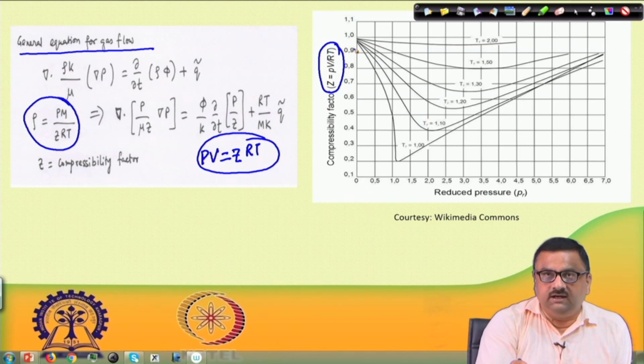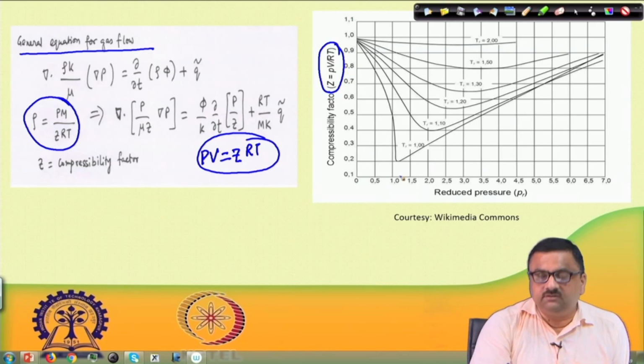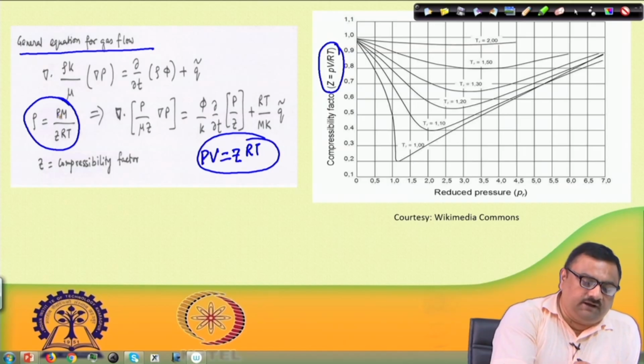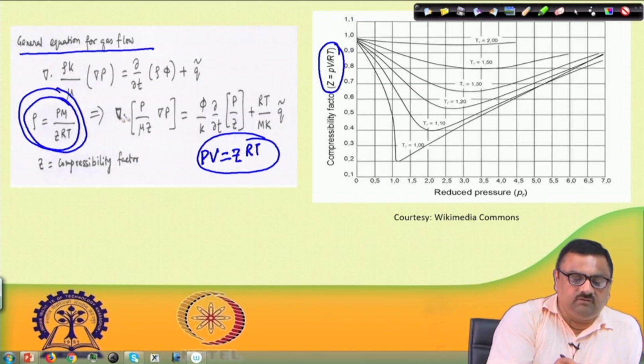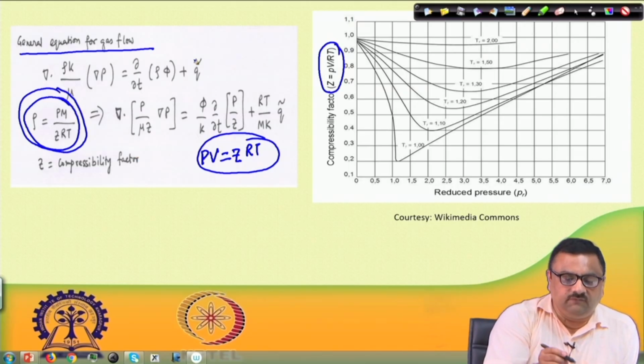Z is 1 for an ideal gas, but for a real gas it could be much smaller. It depends on what pressure and temperature the system is in. So, one has to find this Z from the compressibility factor chart or some other digital method, without having to read it manually, and then consider it in this equation for single phase flow.